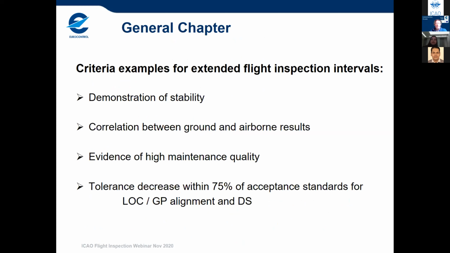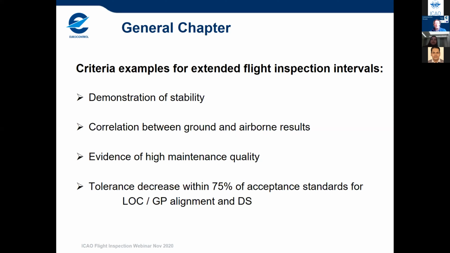We did provide better examples of what you should do to extend flight inspection intervals, how you demonstrate stability, good correlation between ground and airborne results, evidence of high maintenance quality. And then the idea is that you set yourself a margin. If I can keep from 100% deviation from the standard, that brings you to the tolerance that is Annex 10.